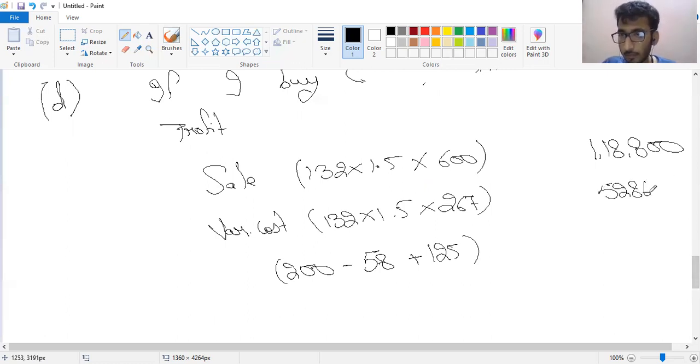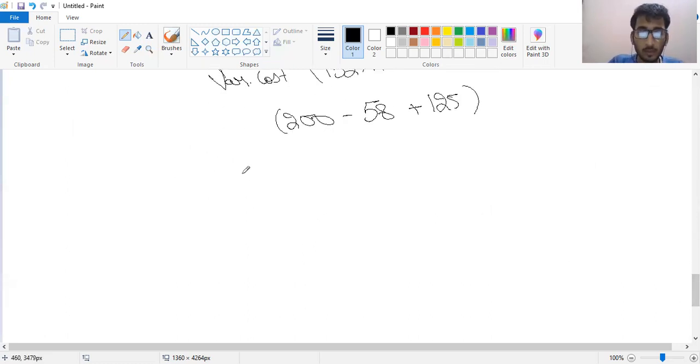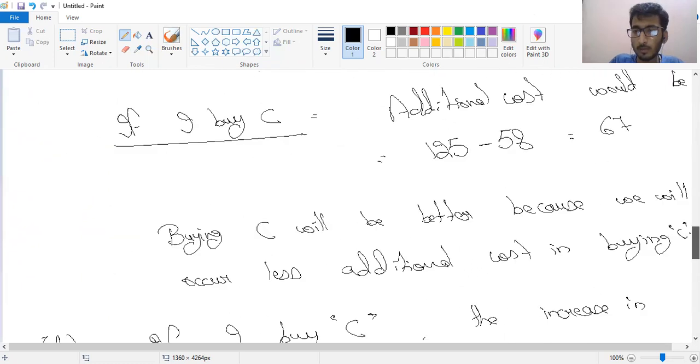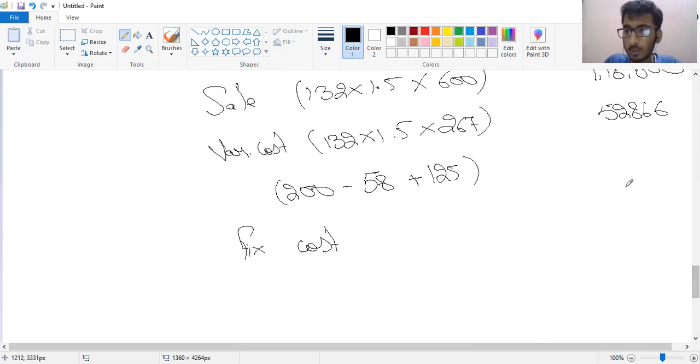Okay. Now my fixed cost. Nothing is given about fixed cost, so fixed cost would be the same. What was my fixed cost earlier? It was 41712. It would still be 41712. Okay.